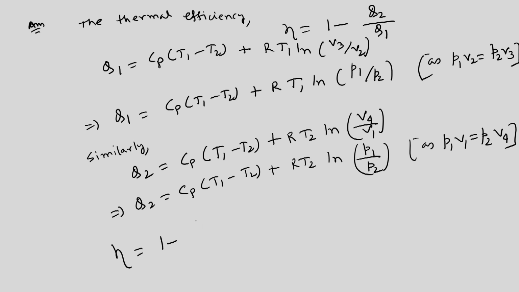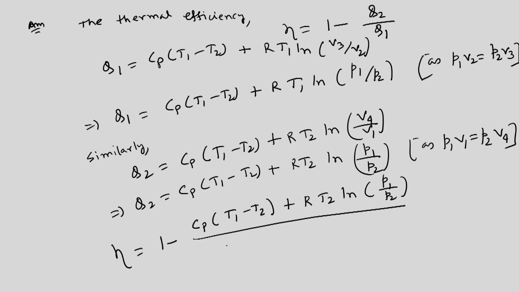So, eta is 1 minus, now we substitute the value of Q1 and Q2, we get eta is 1 minus [Cp times (T1 minus T2) plus R T2 ln P1 by P2] by [Cp times (T1 minus T2) plus R T1 ln P1 by P2]. Okay.